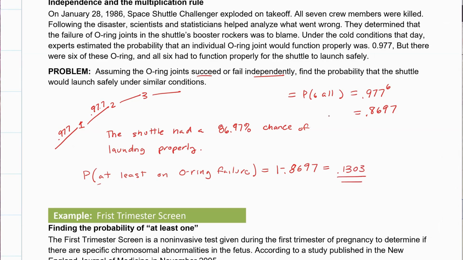Okay, so this "at least one" can always be thought of as 1 minus the probability that nothing bad happened, or none. There were no things that were wrong. That's a really high probability of failure, and it was a really, really sad day.